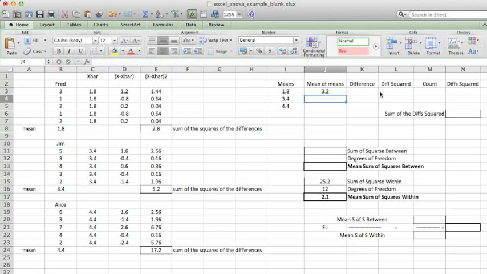I'll copy this overall mean down into the next two cells. Now calculate the difference between our overall mean and each of the individual means.